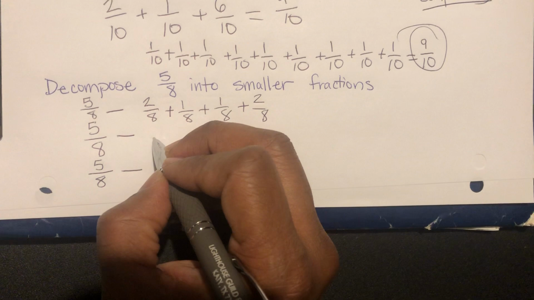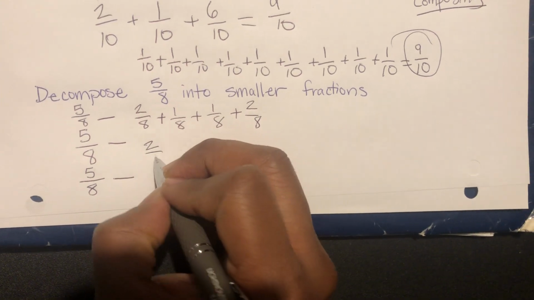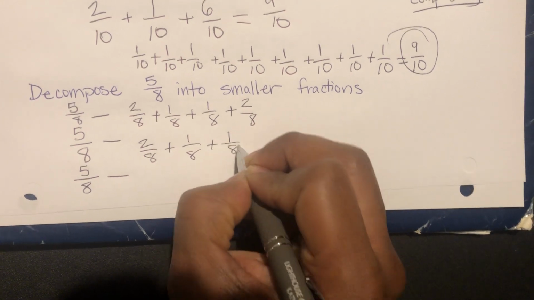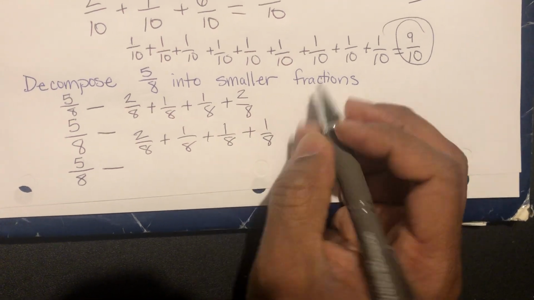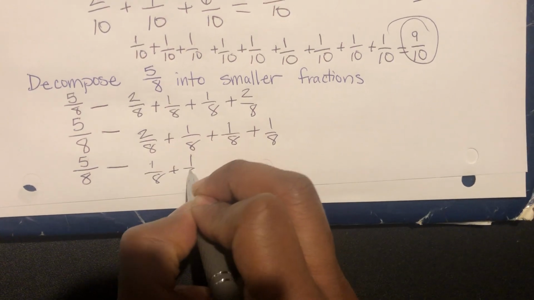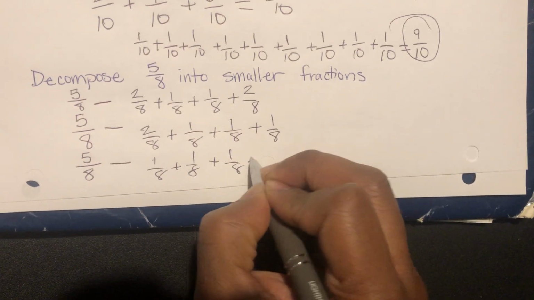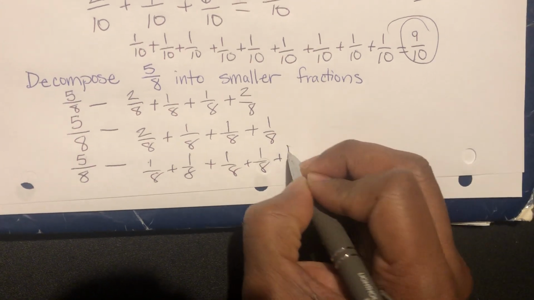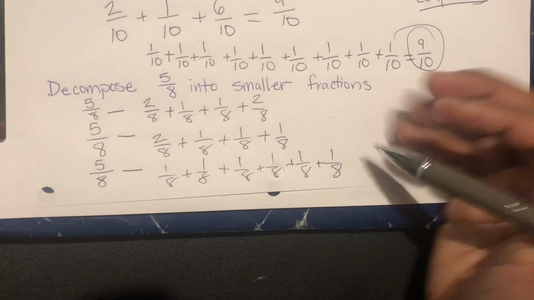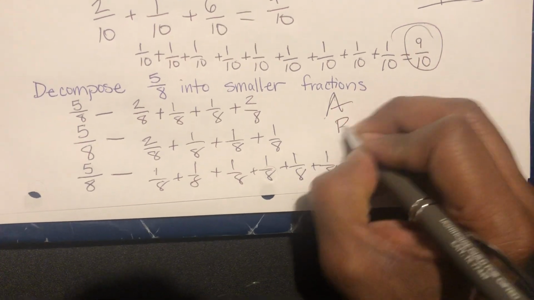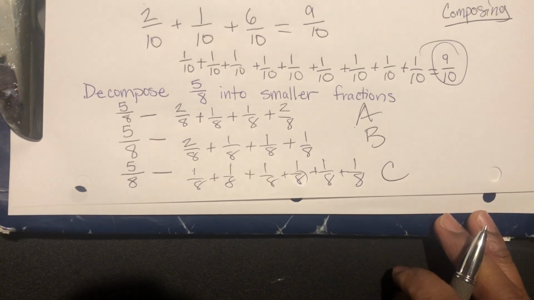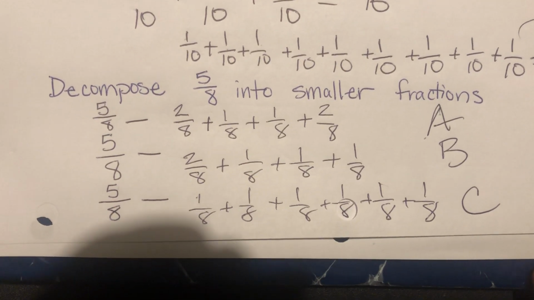They'll give you maybe 2/8 plus 1/8 plus 1/8 plus 1/8. And then they might give you something like 1/8 plus 1/8 plus 1/8 plus 1/8 plus 1/8 plus 1/8. Okay? And they're going to say which is correct, A, B, or C. And you guys, you're watching this video, you can pause it right here, look at it, and determine which one of them is correct.